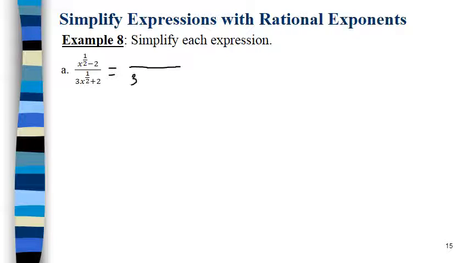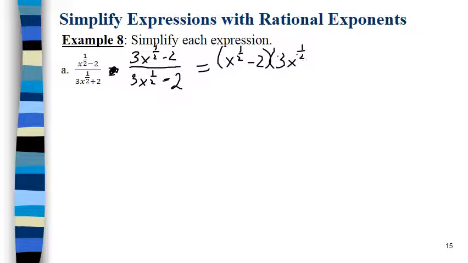So we're going to do 3x to the 1/2 minus 2. And so we're going to multiply this entire fraction by 3x to the 1/2 minus 2 over 3x to the 1/2 minus 2. So now the numerator becomes x to the 1/2 minus 2 times 3x to the 1/2 minus 2.